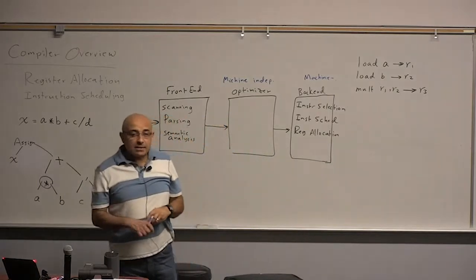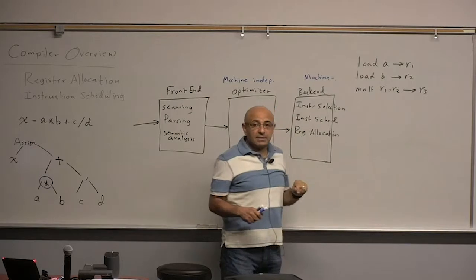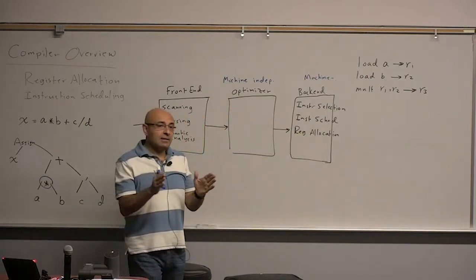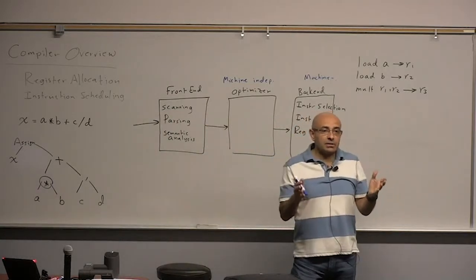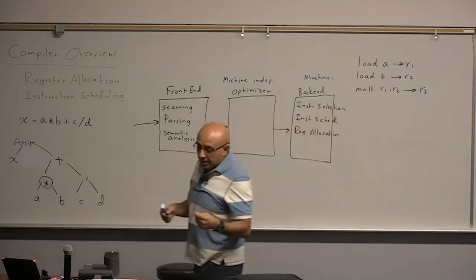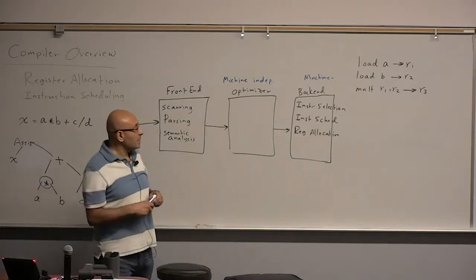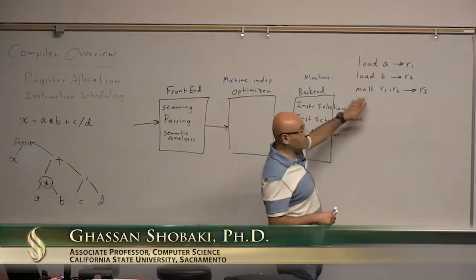So instruction selection is about making the best use of the instruction set that is available on the target processor, making the best choices and selecting the most efficient sequence of machine instructions for this intermediate representation.